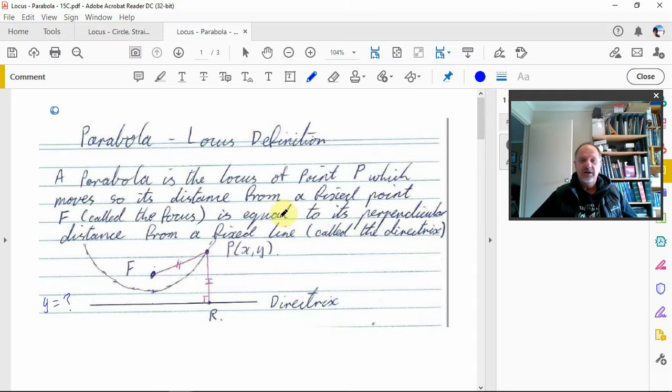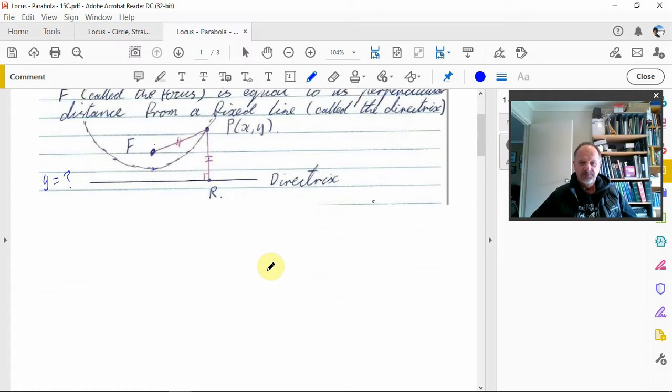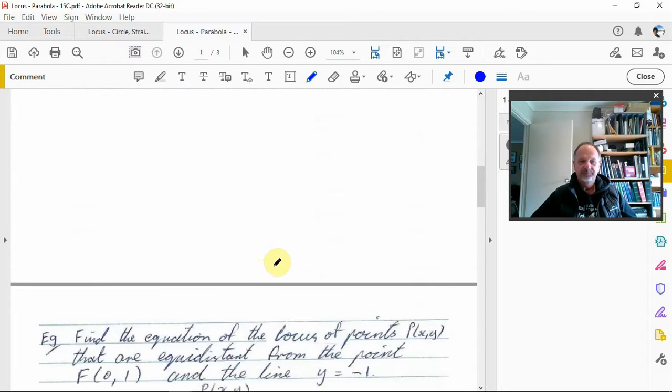So that's the locus definition: from some fixed point called the focus to our point P, that distance and our perpendicular distance to this directrix is equal.